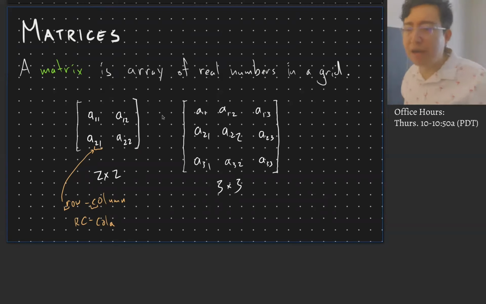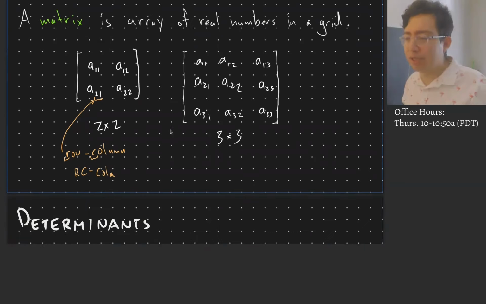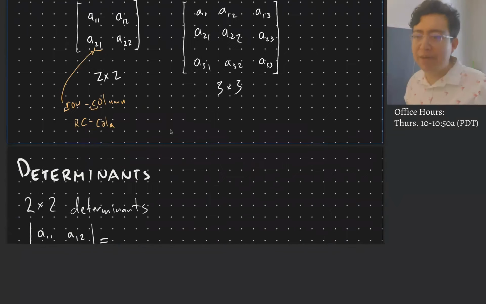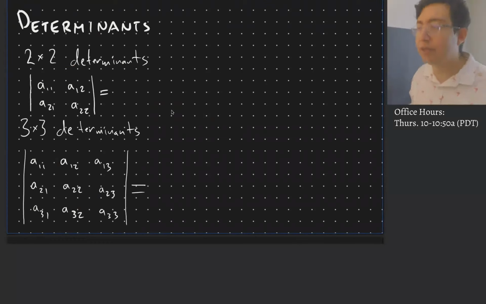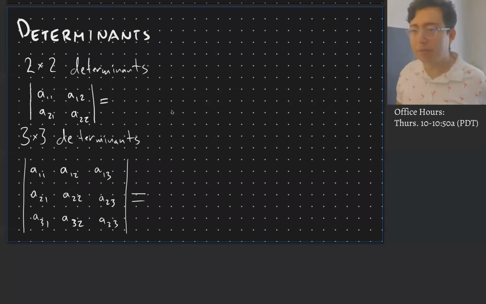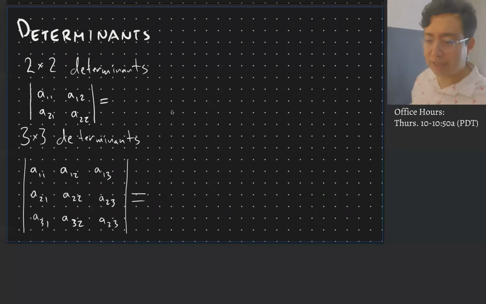So you can actually do algebra with these matrices in some sense, and we will discuss that. But today we want to talk about taking determinants. Now, determinants can only be taken for square matrices, and since today we're talking about 2 by 2 and 3 by 3 matrices, we're going to specifically talk about how to take these determinants here.